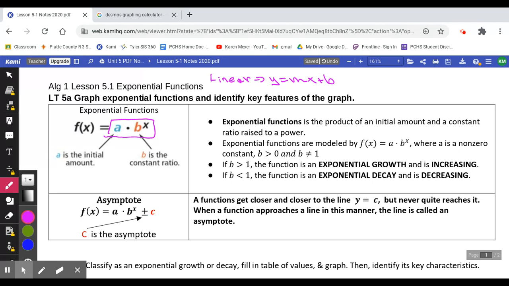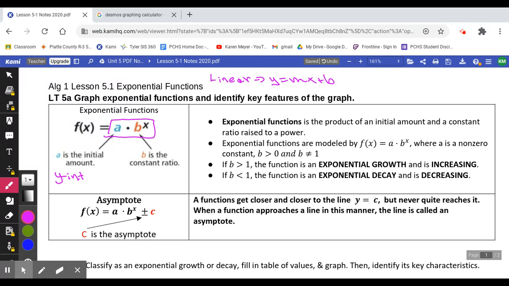A is your initial amount, or as I like to also call it, A is your y-intercept. And B is the constant ratio.